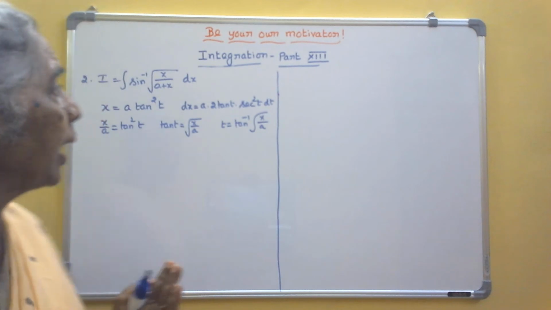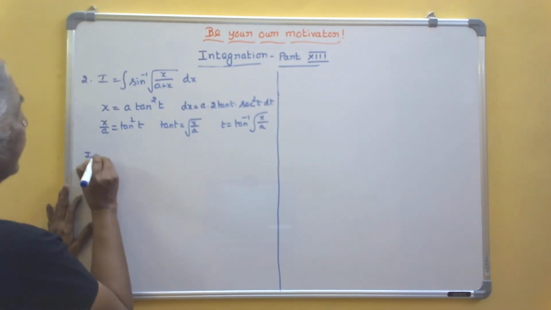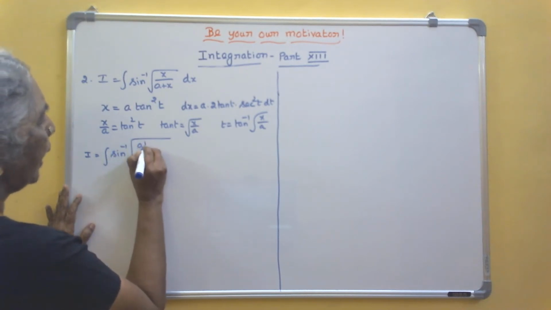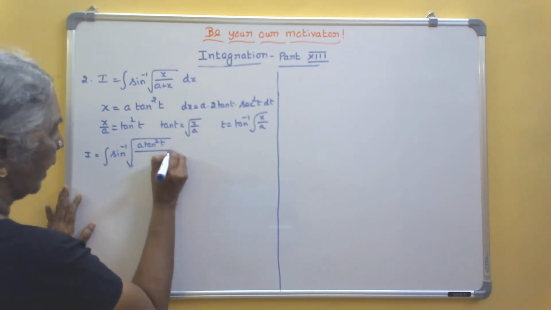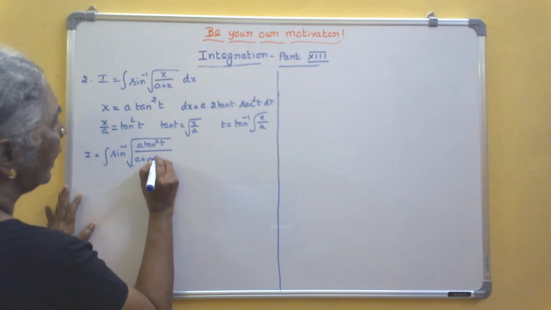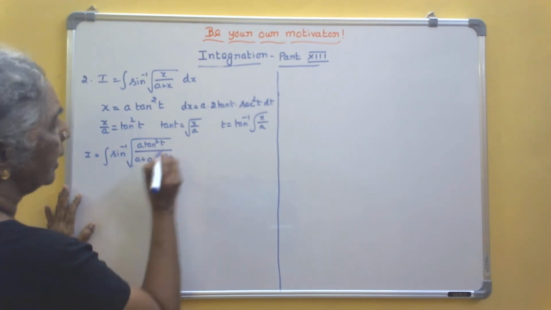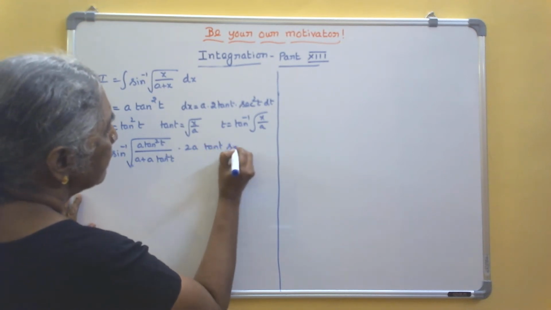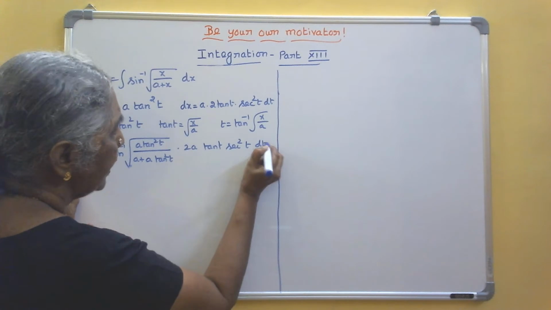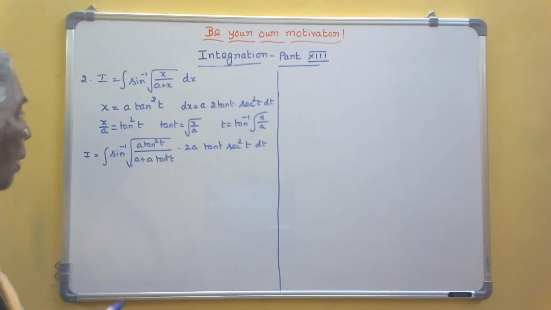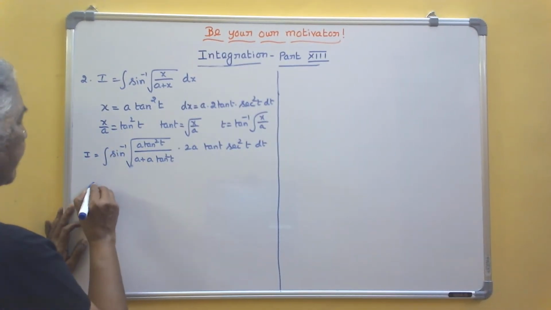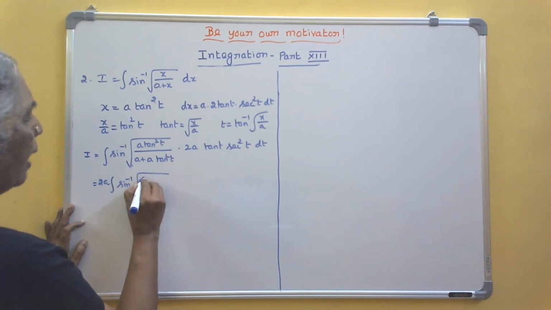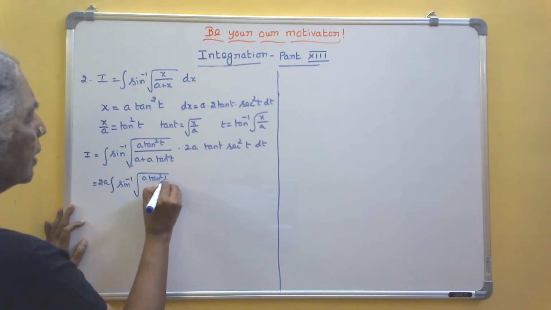Okay. So now let us write I is equal to integral sine inverse root a tan squared t by a plus a tan squared t for dx 2a tan t secant squared t dt. Okay. Now, the 2a is a constant. Let us take it outside. So, sine inverse. You have a tan squared t here.